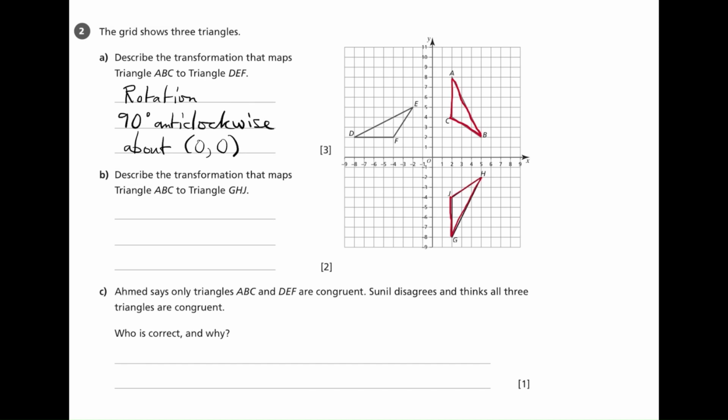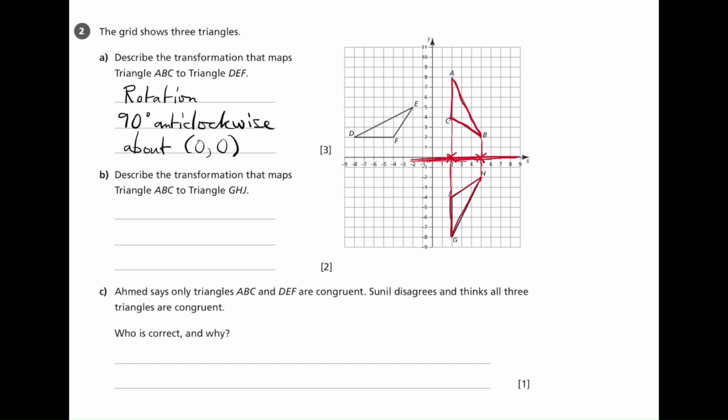If we join a point to its new position and then find halfway along that line, and then do the same for another point, and the halfway point for that line is marked, then we can join those 2 points, and that will show us what the line of reflection is.